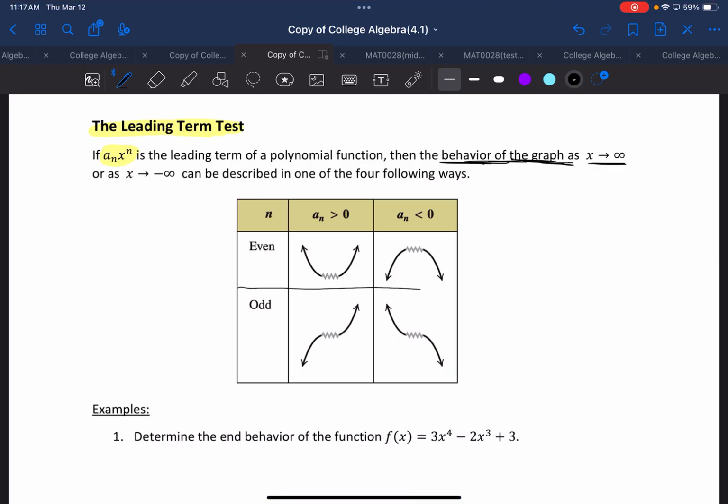So I like to break this little graph up like that, and I'm going to explain what this means.